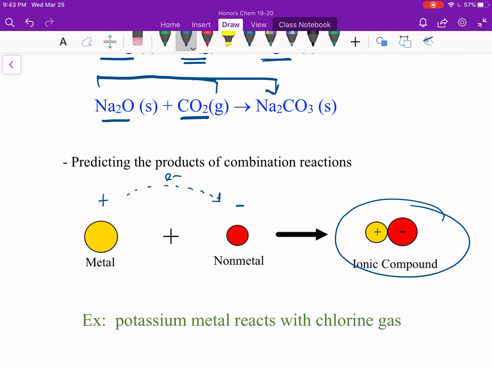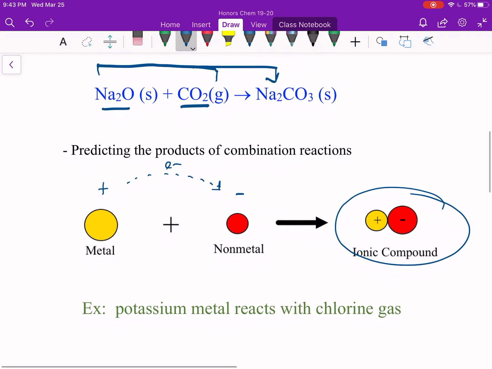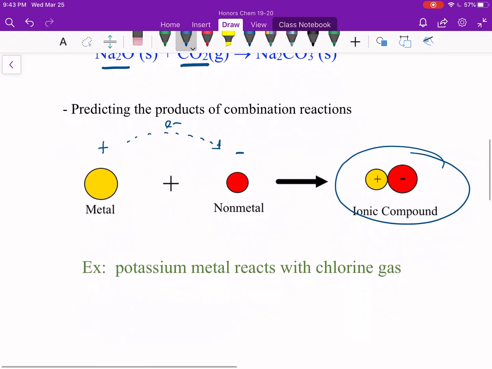When we do this, we have to pay attention to charges, and to which elements are diatomic. In this example, potassium metal reacts with chlorine gas. We're going to have K+. Oops, I lied, because metals aren't ions yet. So we have potassium as a solid plus chlorine gas, and chlorine gas is Cl2. Now we have to figure out what the products are going to be.